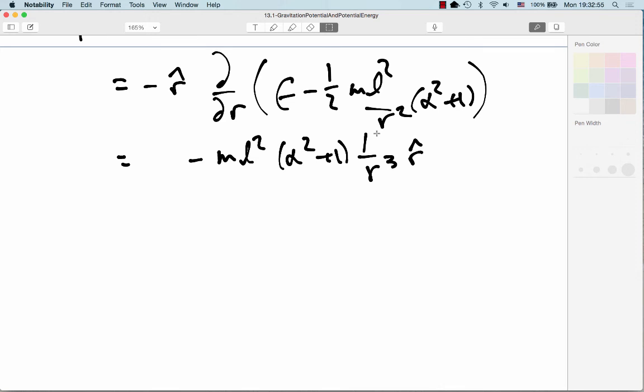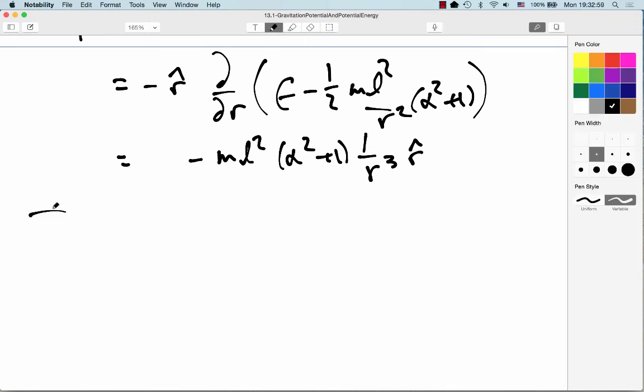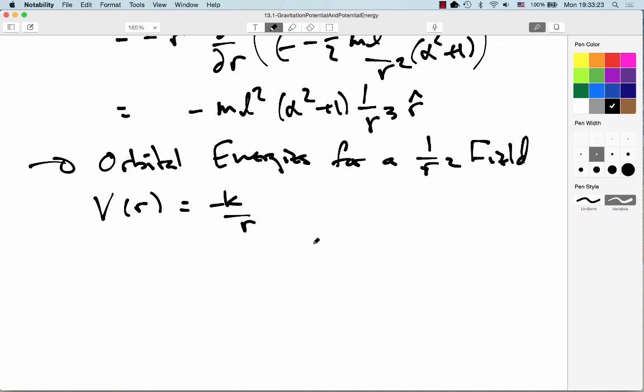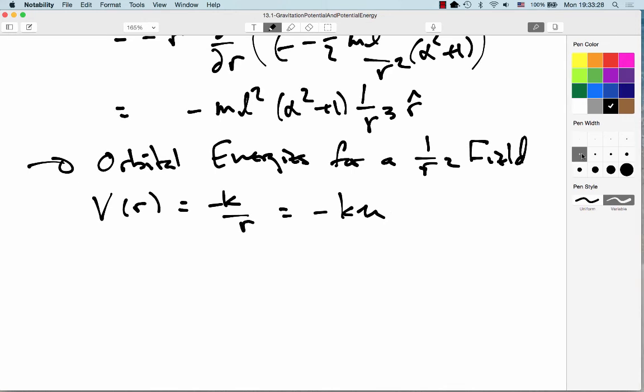Similarly, now we can start to tackle the orbital energies. Our potential V of r is equal to minus k over r. Sorry, this is for an inverse square field. So we can write that as minus ku, just doing what we did before.